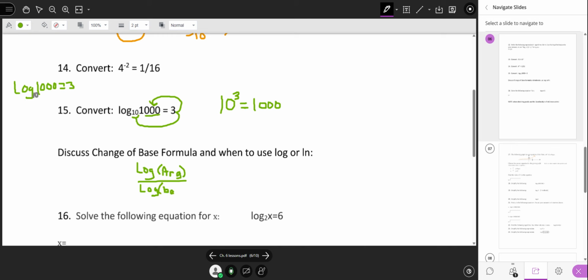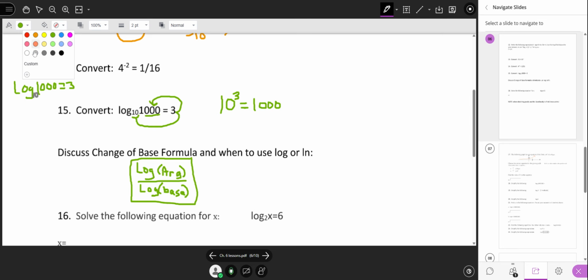If the base is 10, you can just put log argument. But if the base is anything other than 10, then you have to put it like this. This is called the change of base formula.